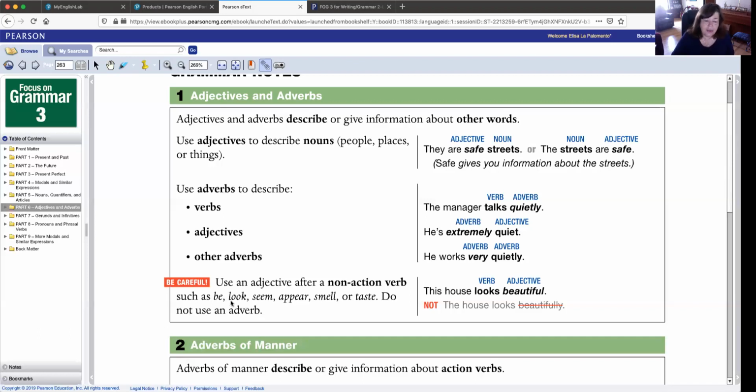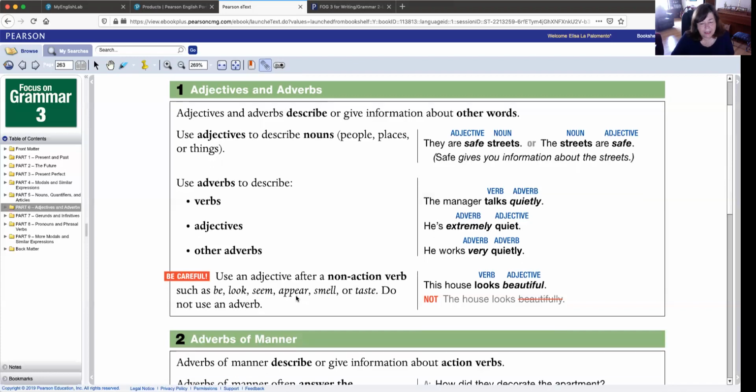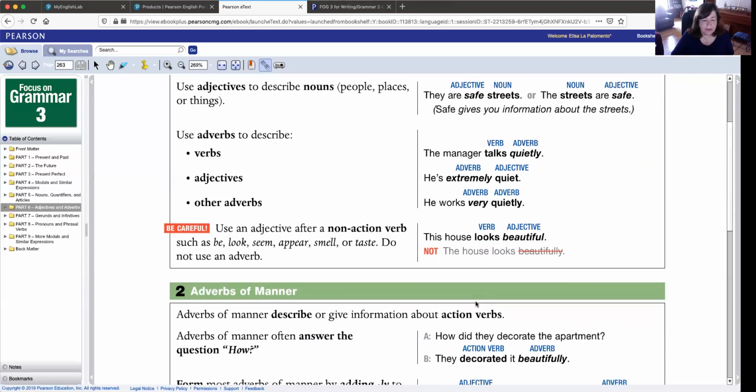So in that case, you could use an adverb. You can say, look quickly. There is a beautiful bird outside. But in this case, the house looks beautiful. The house is not looking. The house does not have eyes to look. So in this case, this word means to appear, okay, which is also here. It appears beautiful. Let's go down to number 2.